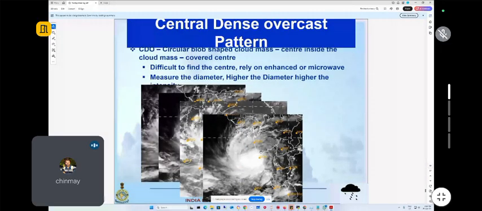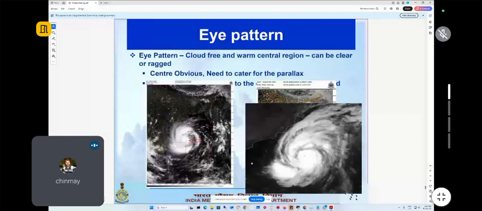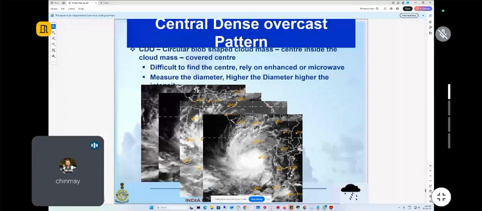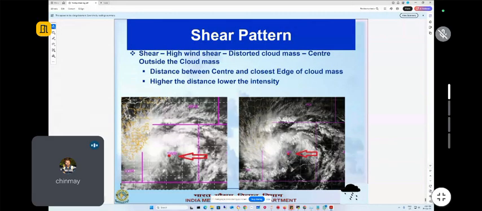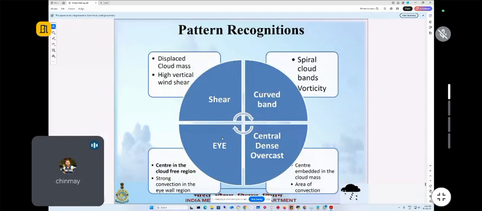For example, how much is the diameter of this particular cloud, or if it is an eye pattern, what is the distance from the eye to the outer edge of this cloud mass, the minimum distance between the eye and the outer wall, etc. In case of a shear pattern, you have to measure the distance between the center and the edge of this cloud mass. So you have to do different types of measurements.